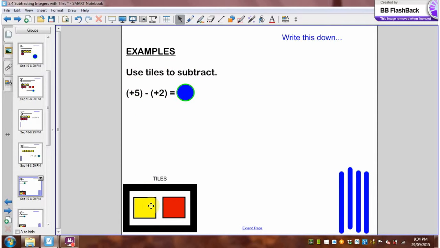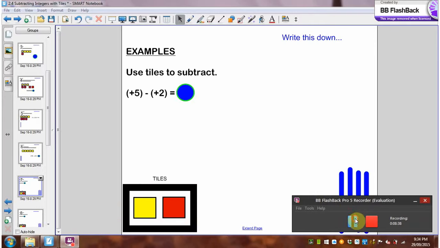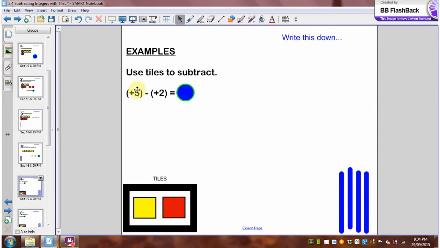And when you come back, we're going to put our tiles up and use the tiles to subtract. Okay, so let's give this one a try. So this is our first steps to do this one. We have +5 minus +2. So our first step is to put up this number in tiles. So +5.